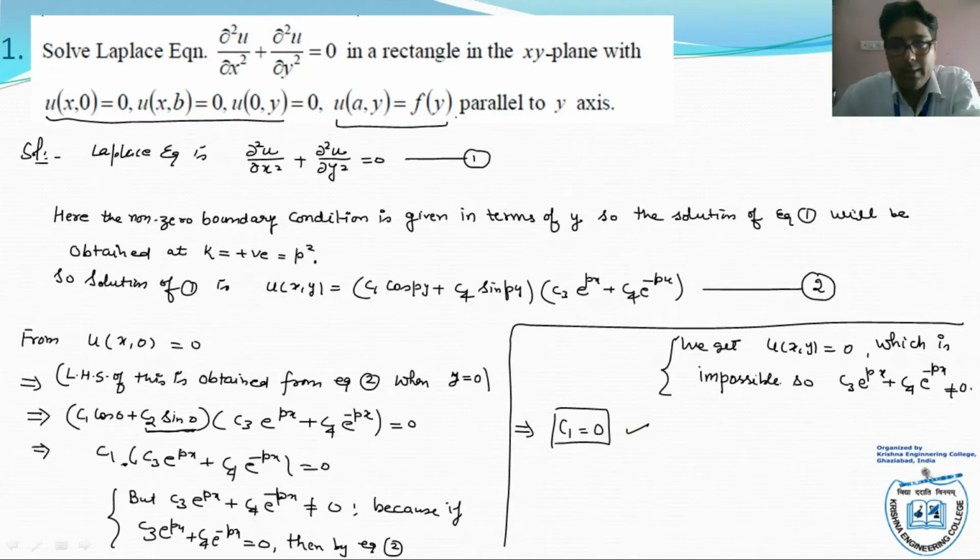Now again from the second boundary condition, which is u(x, b) is equal to 0, right?